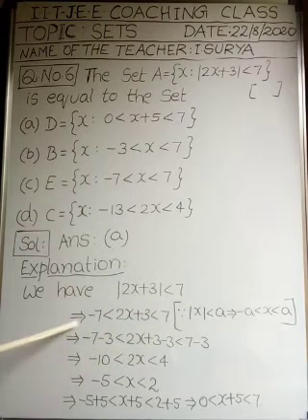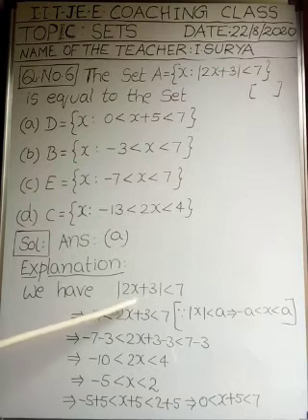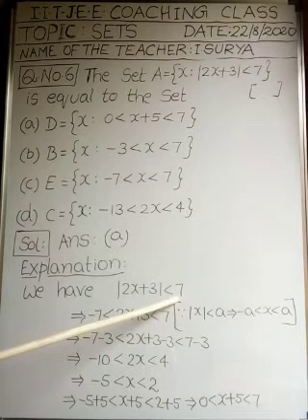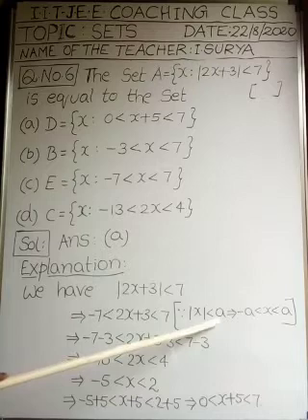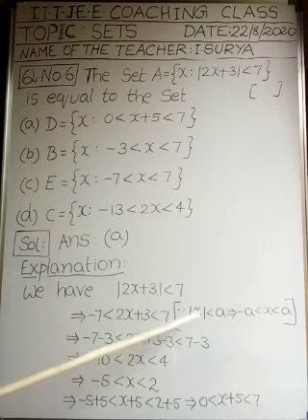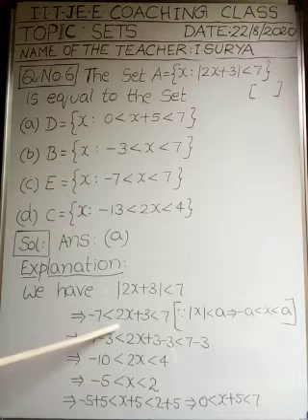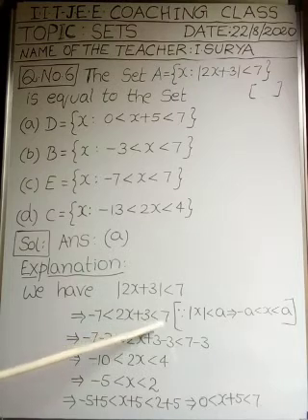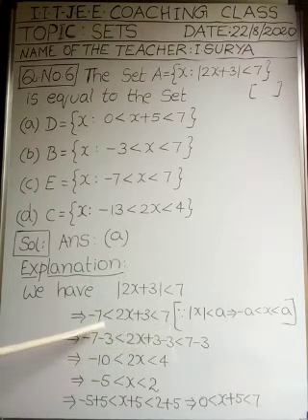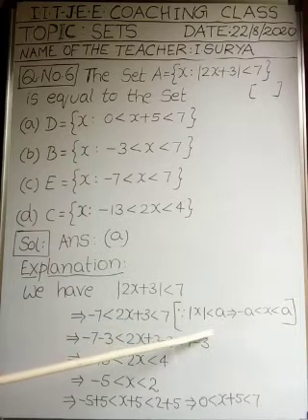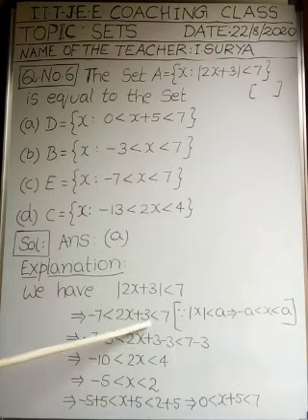Okay, my children, this implies here x means 2x plus 3 and a means 7. Compare this function with this function. Okay, my children, right. This implies minus 7 less than 2x plus 3 less than 7. Understood this step, my children? By using this modulus property, we wrote this step.